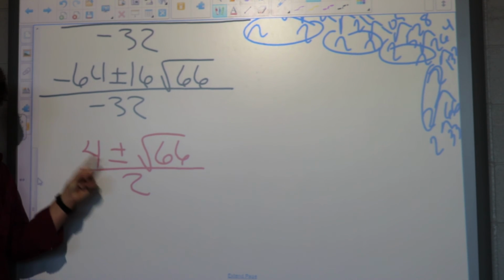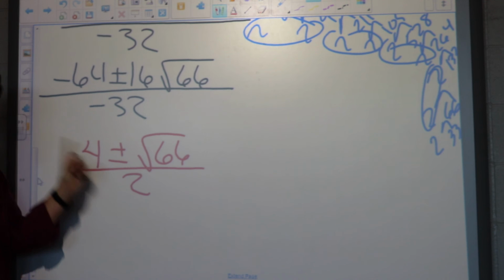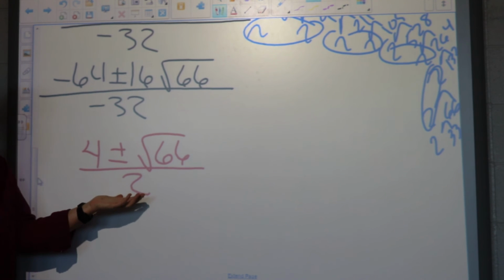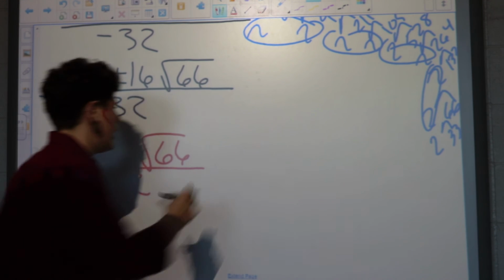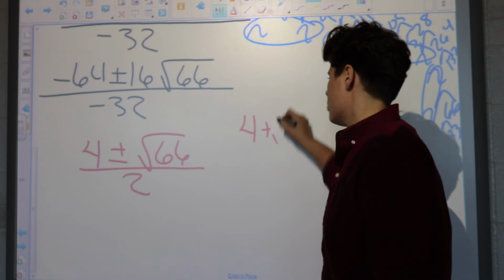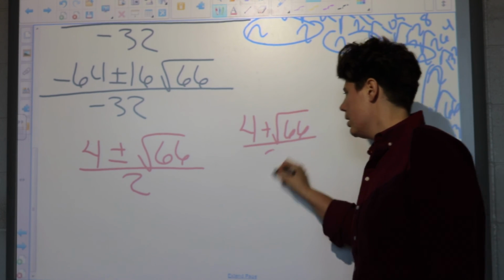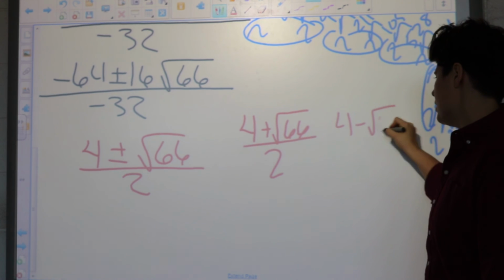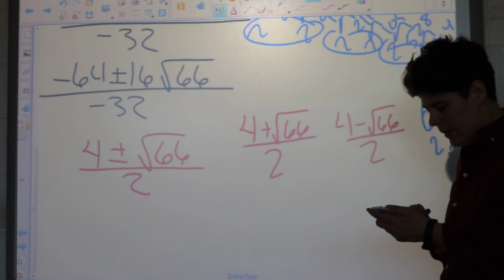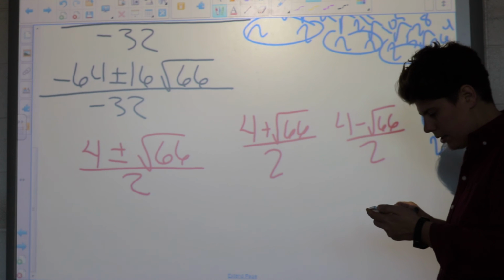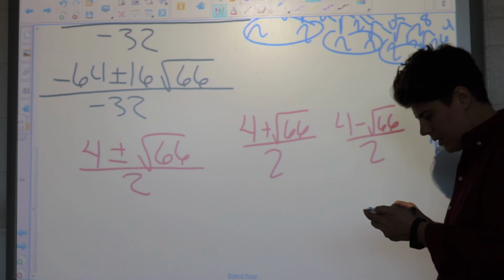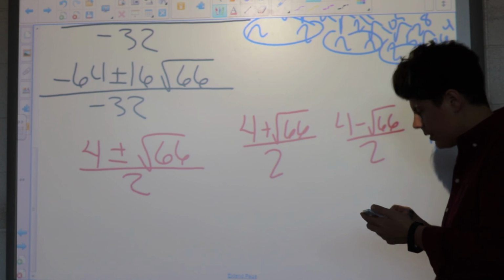Now this is my simplified radical. However, you need to check your decimals, because this doesn't mean anything to me. I still don't know when the ball hits the ground. So I'm going to look at 4 plus the square root of 66 divided by 2, and 4 minus the square root of 66 divided by 2. So I have, use my little calculator here. This calculator does not have a square root on it.